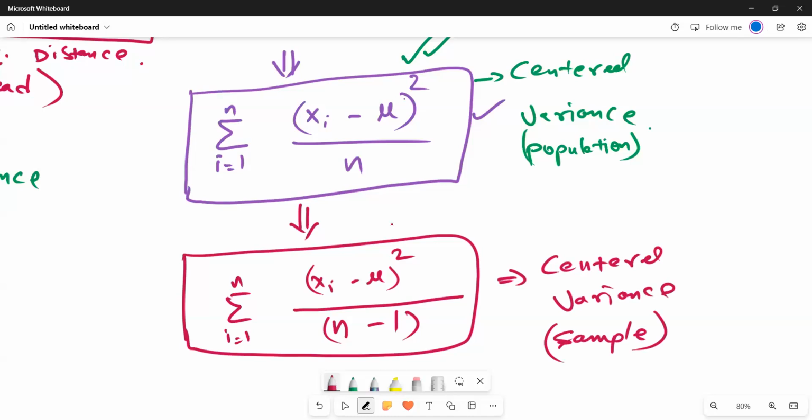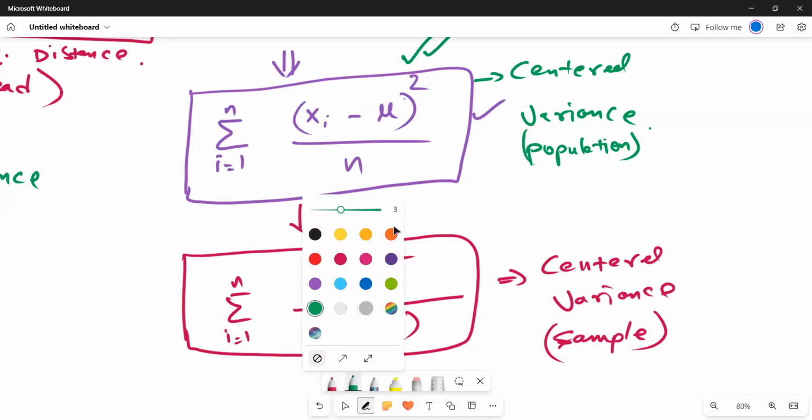Now, this purely depends on what tool you're using to calculate, and based on that, the respective formulas are used. I'll give you a little scenario about this. Let's take black.